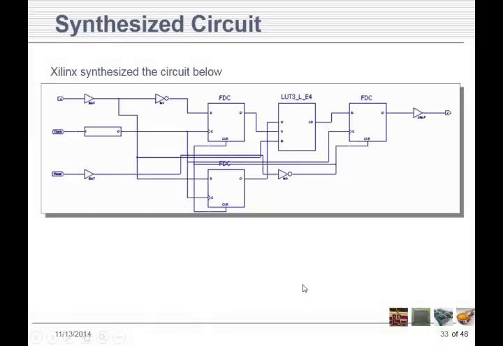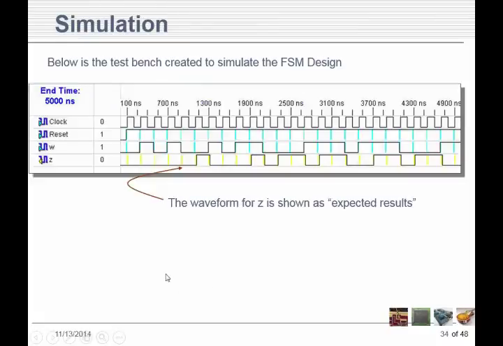Okay, this is what it was synthesized to. Notice it's showing 3 different flip-flops in this one lookup table. Again, I did this. I'm going to soon change these over to VHDL test benches. But here it's no real big deal. I have a clock.